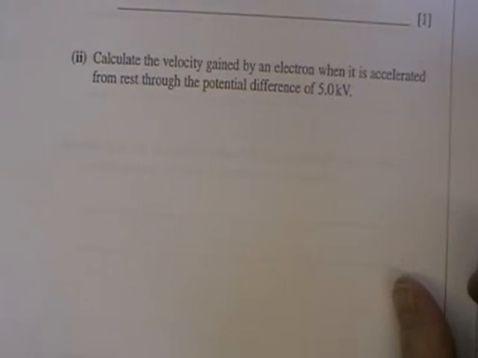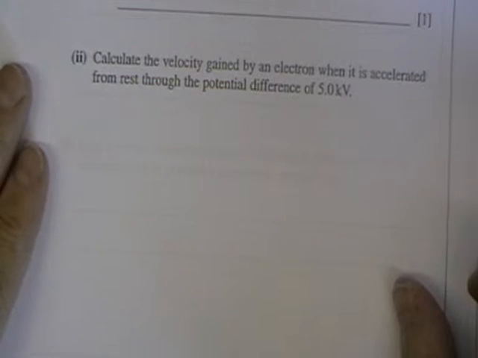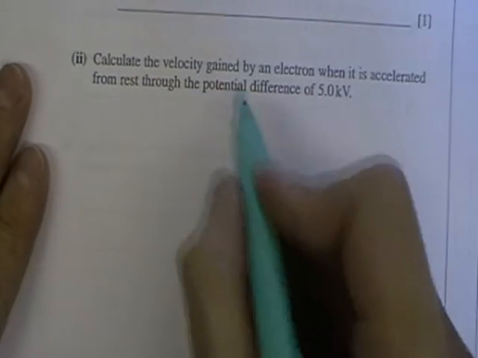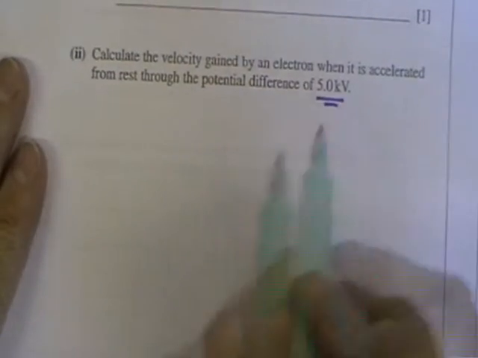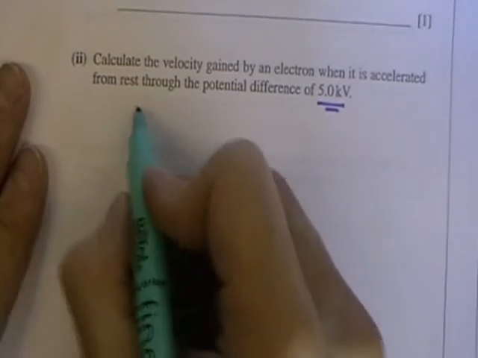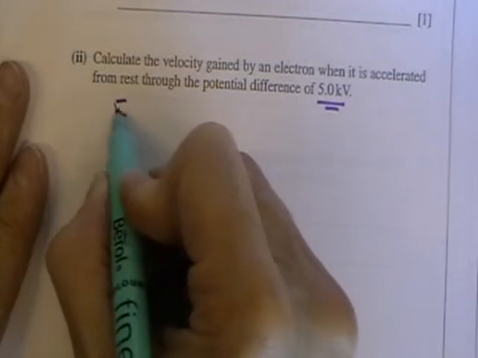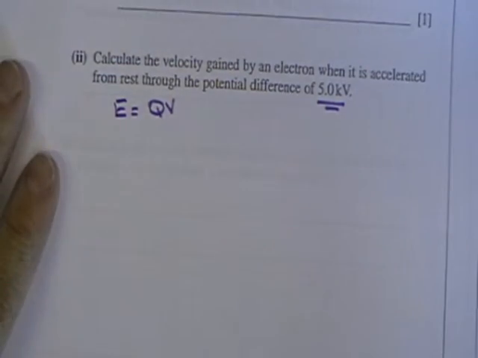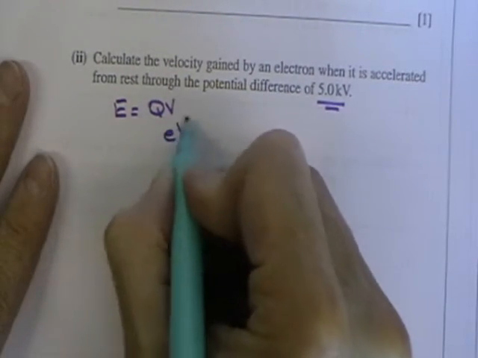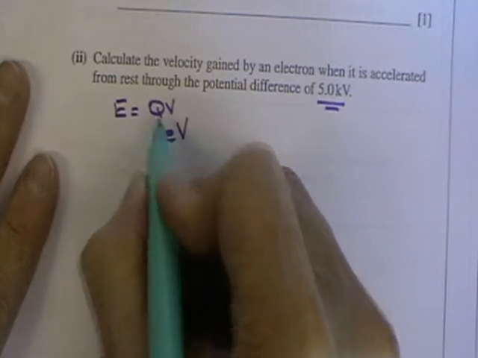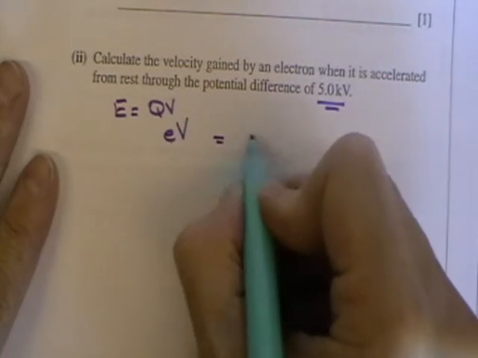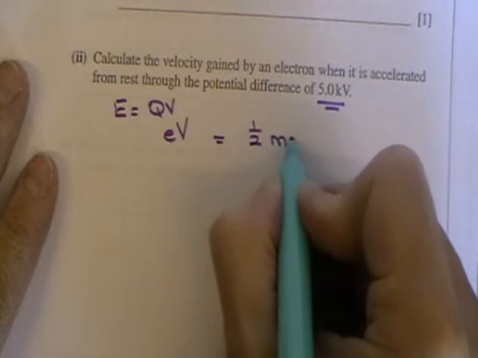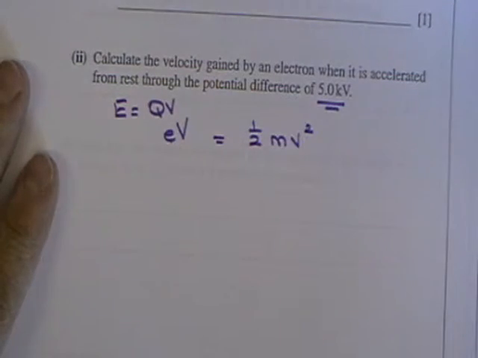Calculate the velocity gained by an electron when it is accelerated from rest through a potential difference of 5 kilovolts. If it's accelerated due to a voltage, then the energy it gets from that voltage is E equal to QV, and Q, of course, is the charge on an electron. So eV, where e is the electronic charge, is equal to half the mass of an electron times its velocity squared.